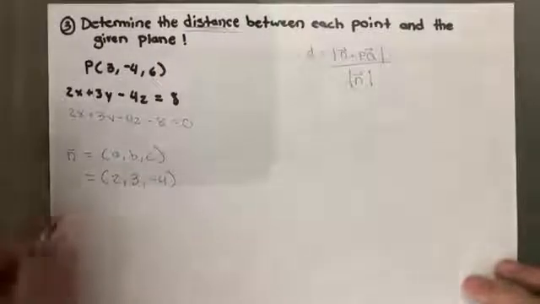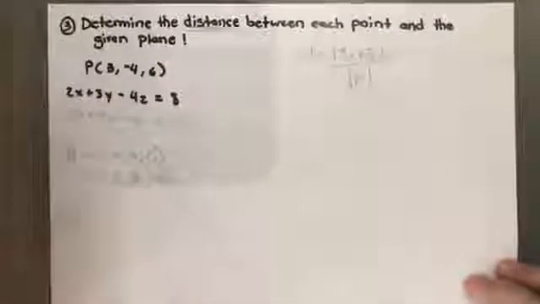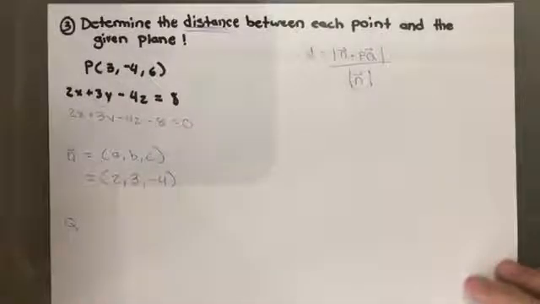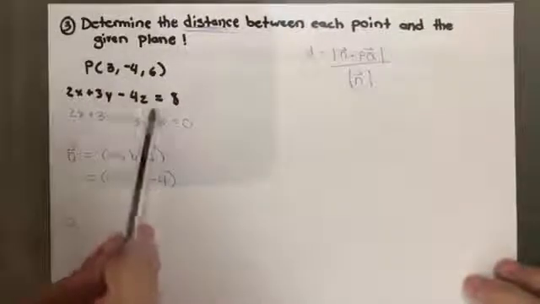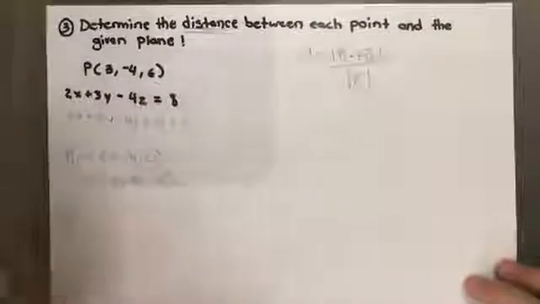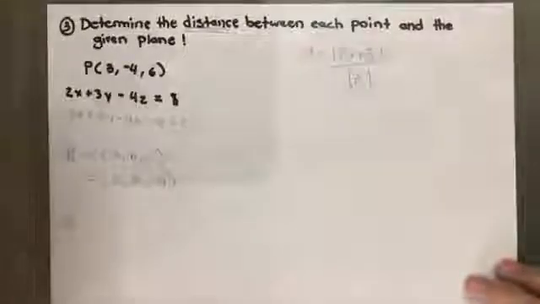Now to solve for point Q, we need to find a certain value. We have to make two of these variables equal to 0 to solve for one of them. Let's try solving for z.